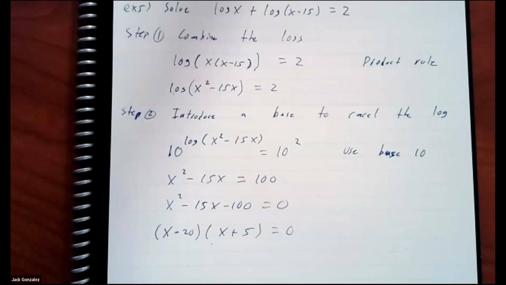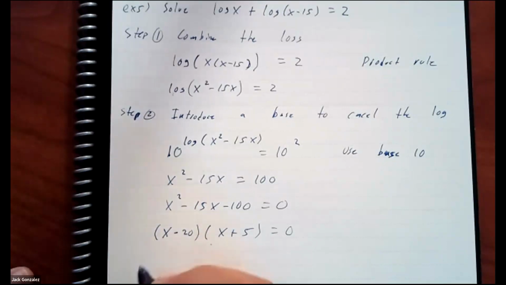Negative 20 times 5 is negative 100, and negative 20 plus 5 is negative 15. So we're good, right? So solve for x.